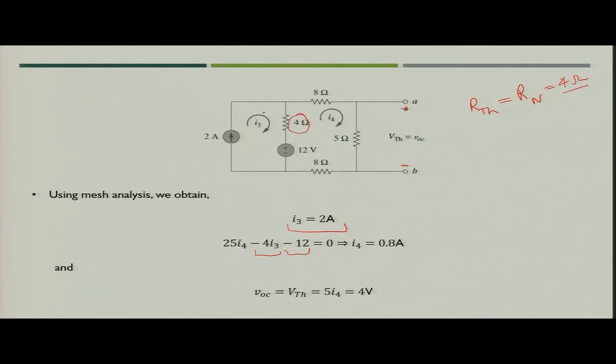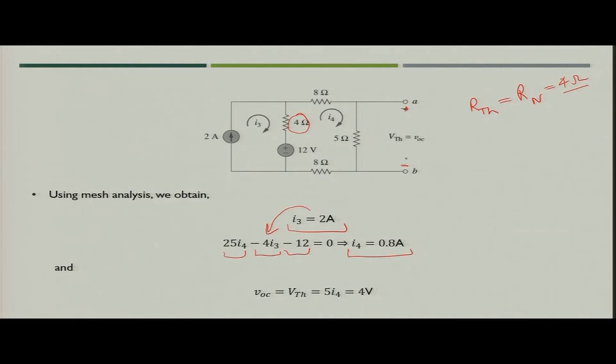Then I3 is in this direction and I4 in this direction. So, you will get minus 4 I3 as a component, and then 25 I4. For this mesh the equation is 25 I4 minus 4 I3 minus 12 equal to 0, and since you know the value of I3, you put it here and you will get I4 as 0.8 ampere.